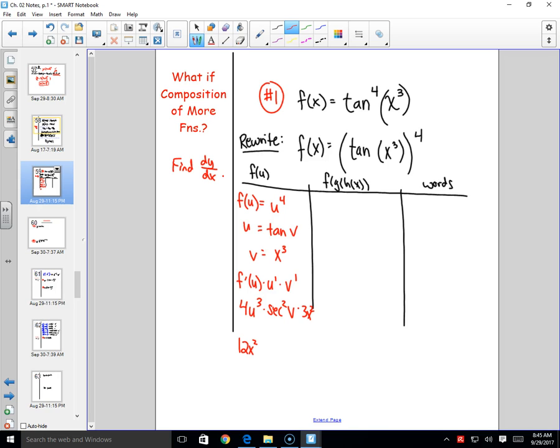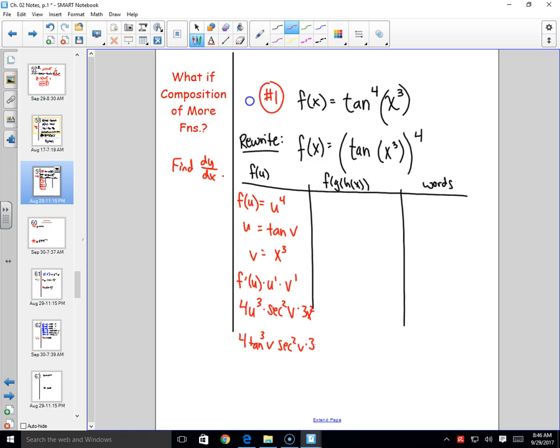Never mind, I'm going too fast. Okay, so I have 4 times, I wasn't done yet, but I apologize. Who's u? Tangent of v, right? Tangent cubed of v. Can I put the cube back in? Well, I have to plug in u, right? The u notation is a little clumsy for this.